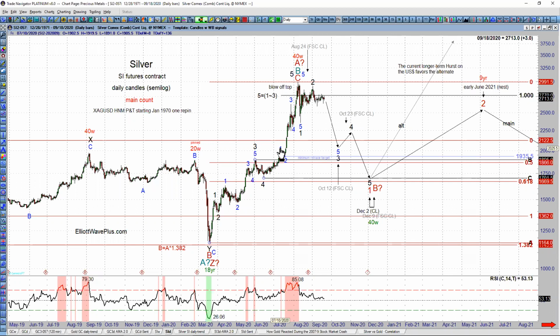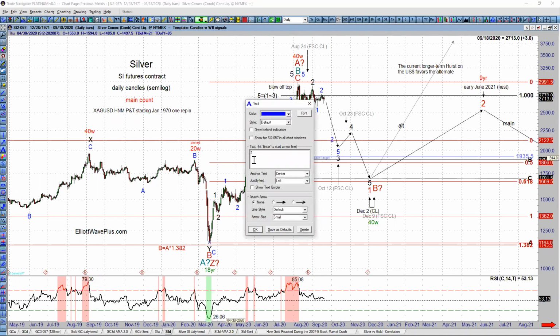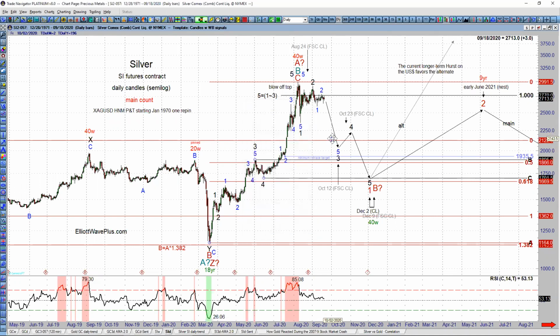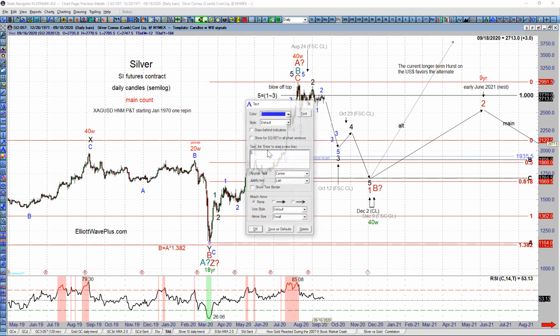A lot of people don't realize, but triangles actually are fairly rare. There's a lot of times where you can swear you've seen one, but in hindsight, that couldn't have been what it was, because maybe it was in a wave 2 position or something.